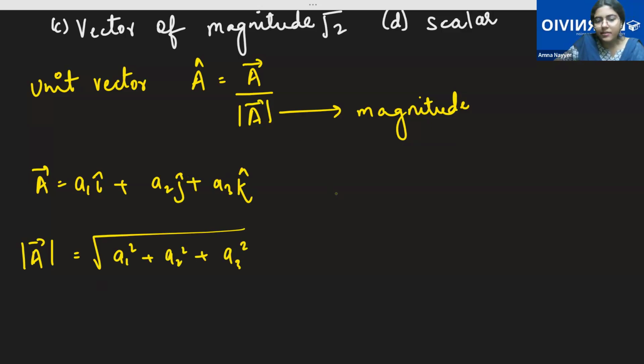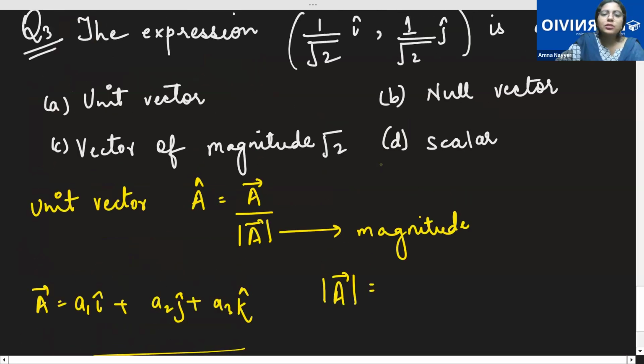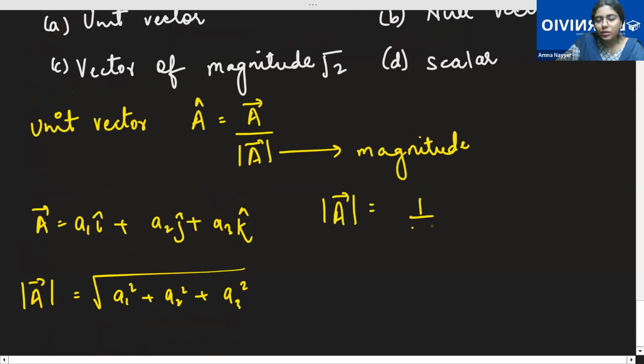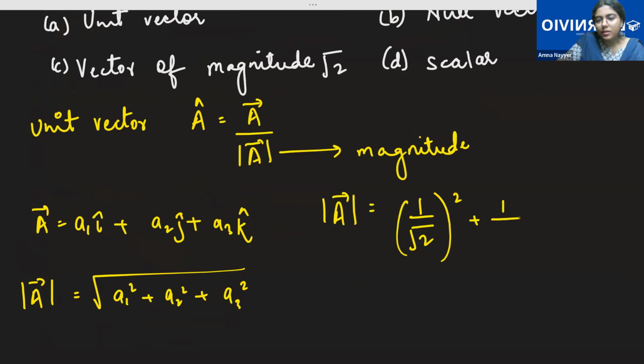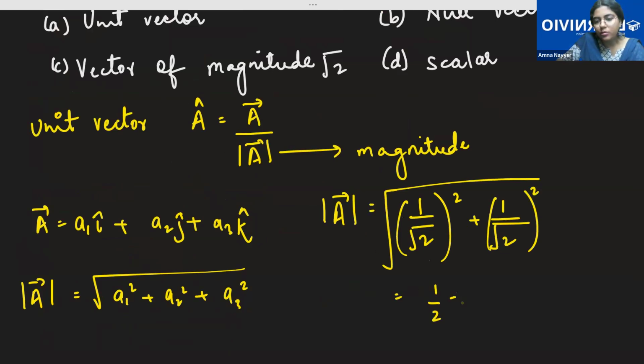So here we just have I cap and K cap. When we take the magnitude, this is 1 by root 2 whole square plus 1 by root 2 whole square under root. This is 1 by 2 plus 1 by 2 under root, which is under root 1, that is 1.